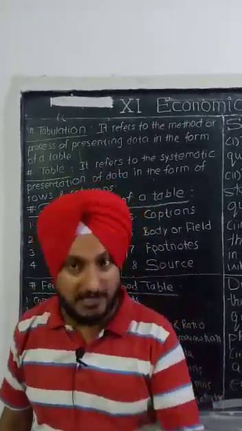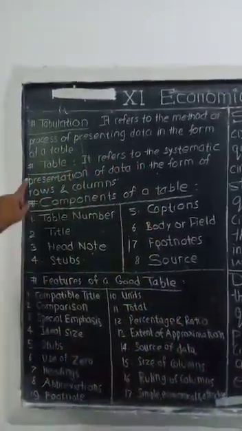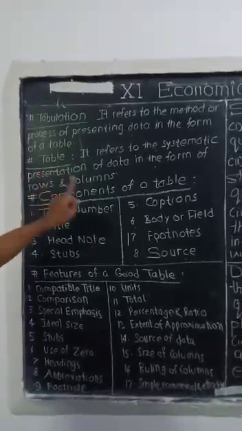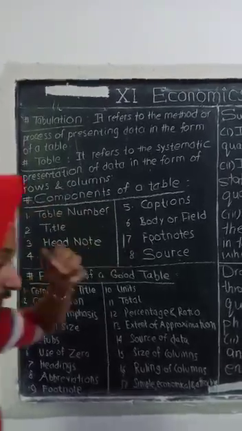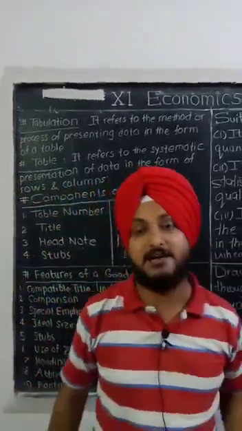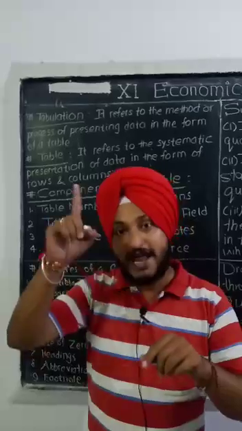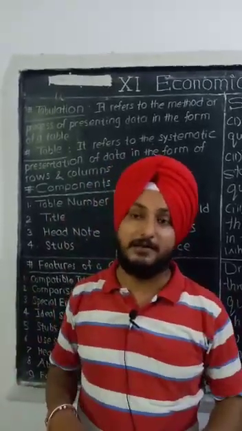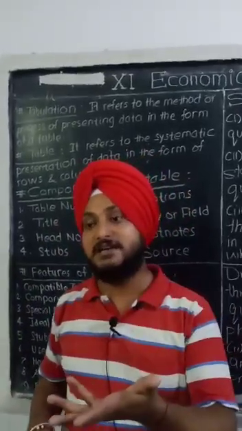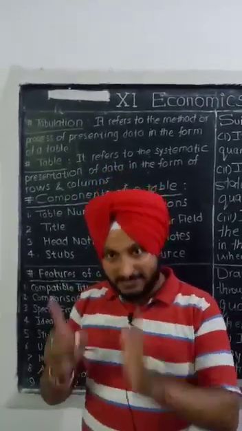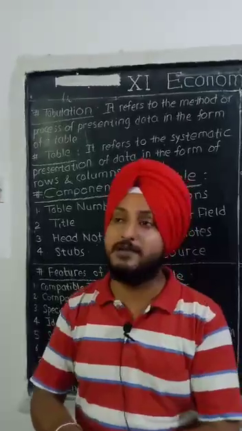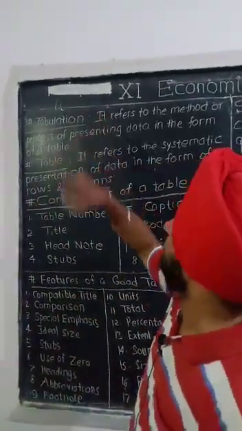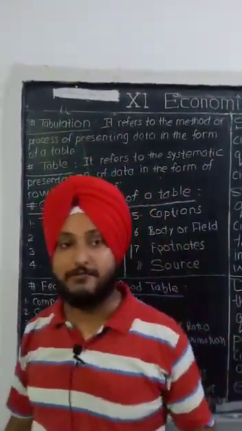Second, what do you mean by table? It refers to the systematic presentation of data in the form of rows and columns. Whensoever we present data in rows and columns, that is called a table, and the process of presenting data in the form of a table is called tabulation. These things you have to keep in mind.